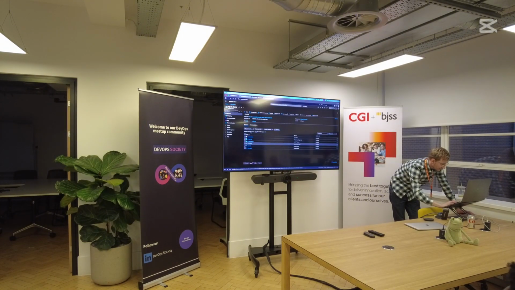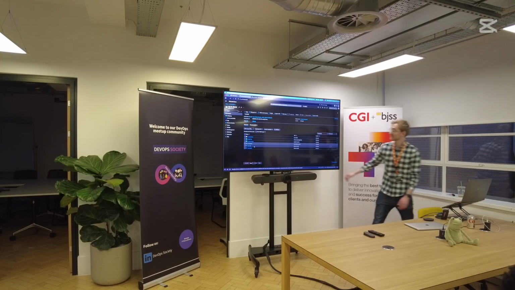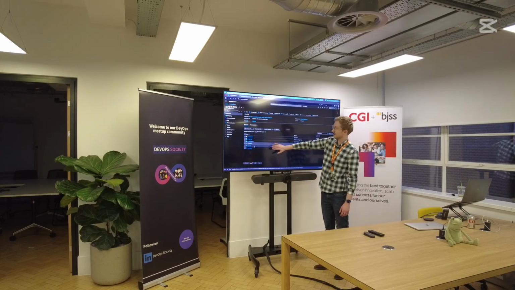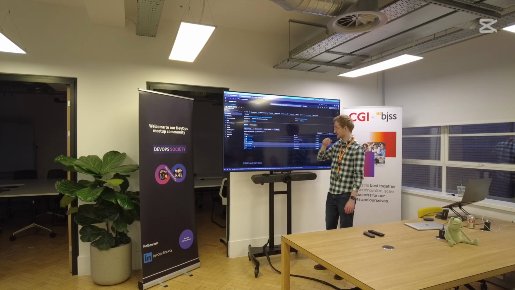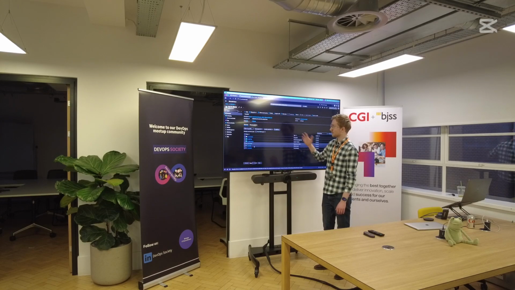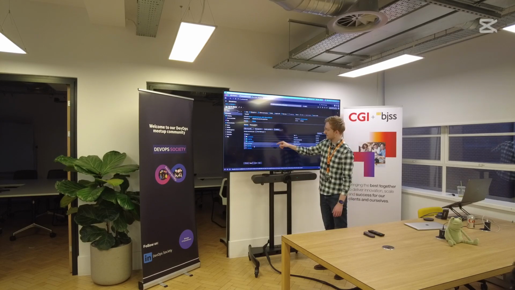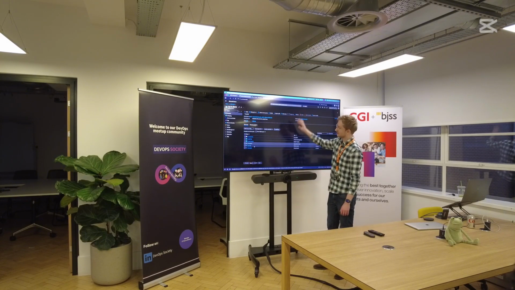On the Azure side, you can see that I've got two networks. I assume a lot of people are familiar with hub-spoke topology. That's the standard networking topology in cloud. Normally you have your hub, your core network, and the spoke is peered.